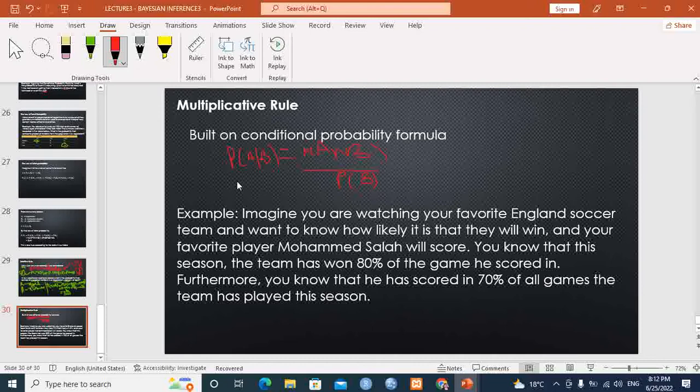All right, so the multiplicative rule is an extension of this rule. What if we want to get the joint probability out of here?